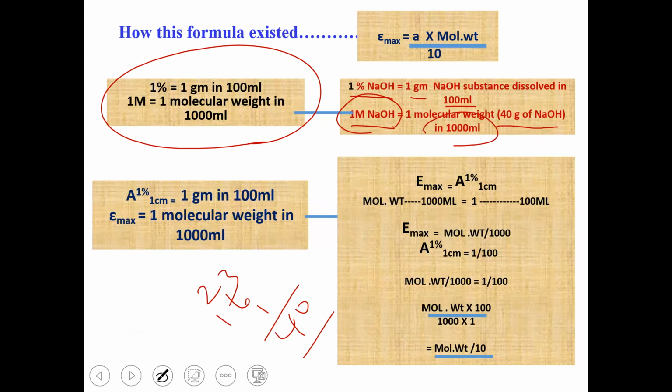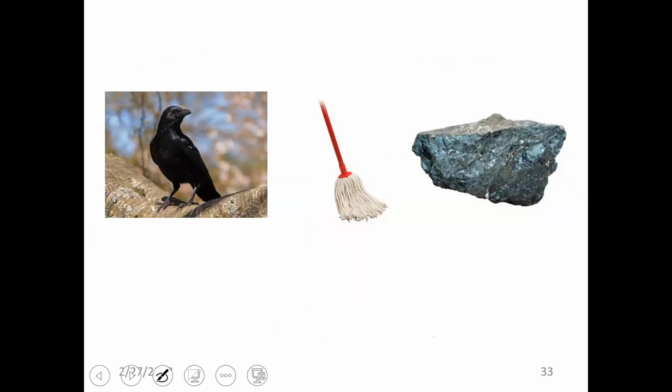So you're going to relate in the formula the A as well as the epsilon. So when you relate epsilon max with A 1% 1 centimeter, the molecular weight in 1000 ml is related to 1 gram in 100 ml. And when you do the calculation, finally you arrive at a factor of 10. That's how the 10 exists in the formula. So the formula to calculate molar absorptivity is A into molecular weight divided by 10.